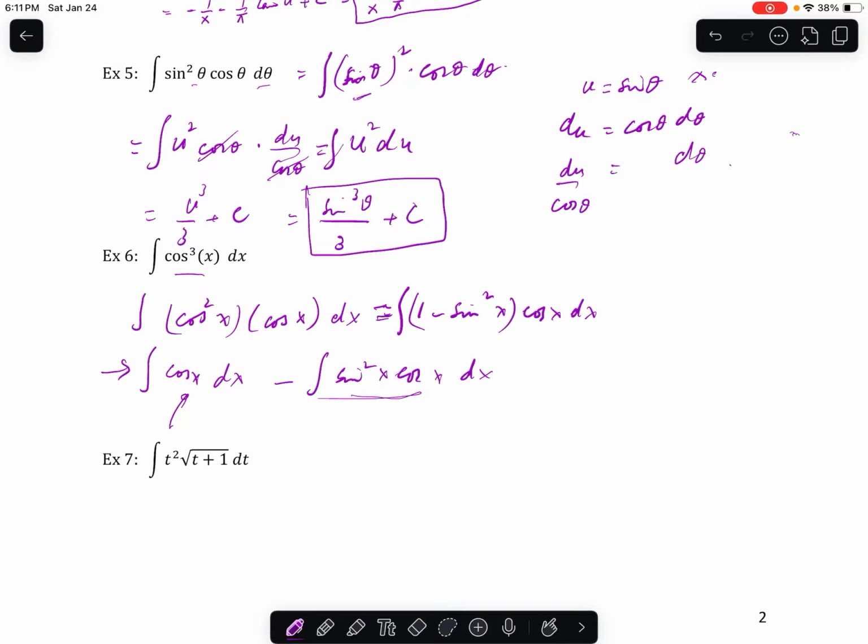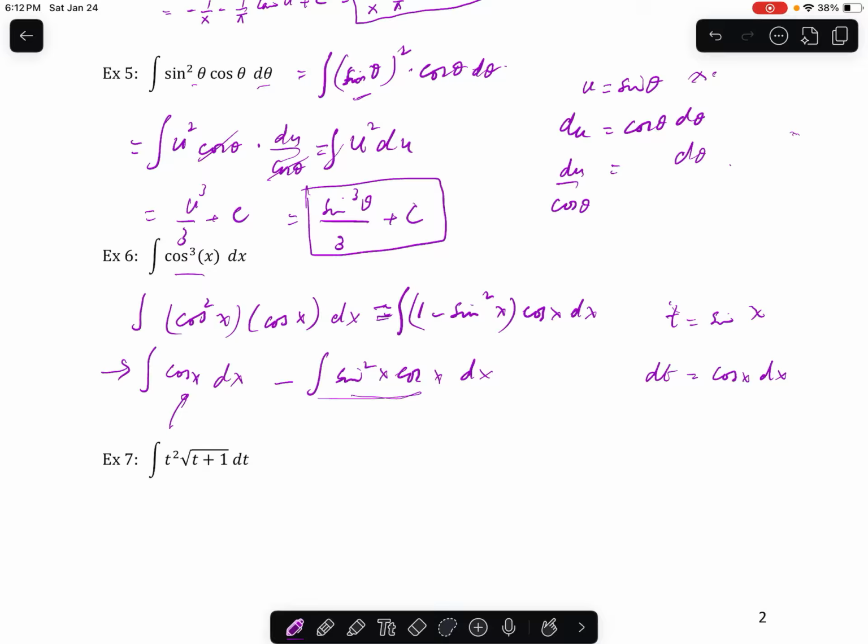use substitution. Let's put a t. So I will take t to be equal to sine of x, then dt will be equal to cosine of x dx.